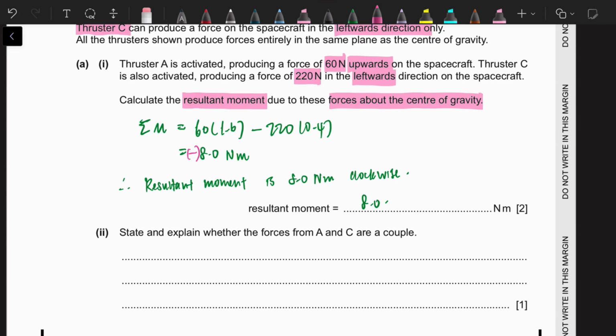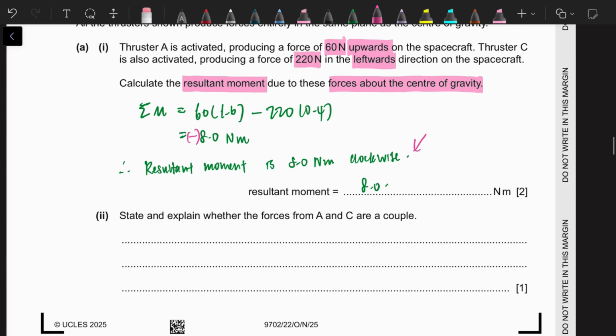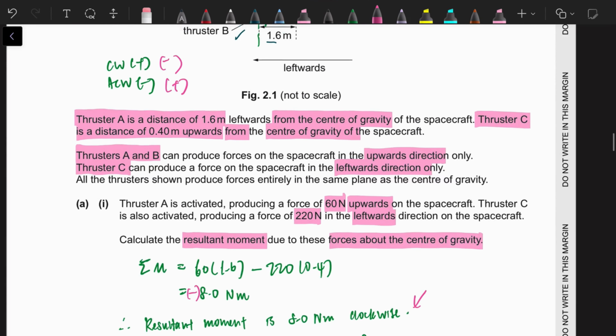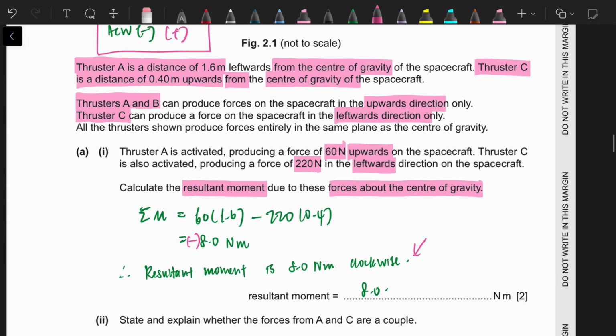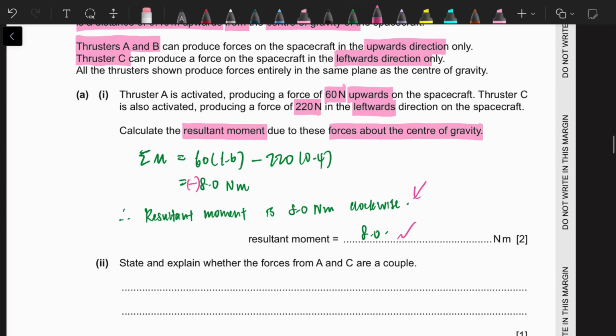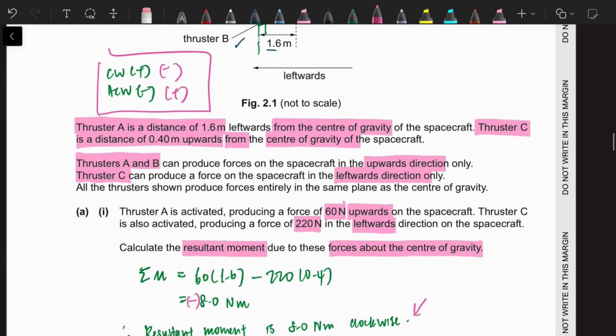Just write down that resultant moment is 8 Newton meter clockwise. Make sure you visibly write that clockwise is negative, anti-clockwise is positive, so that the marker who sees it knows why you got negative and what your negative indicates. Your negative indicates clockwise, and it is clockwise, then it's fine. You are good to go. So make sure you denote your direction first.